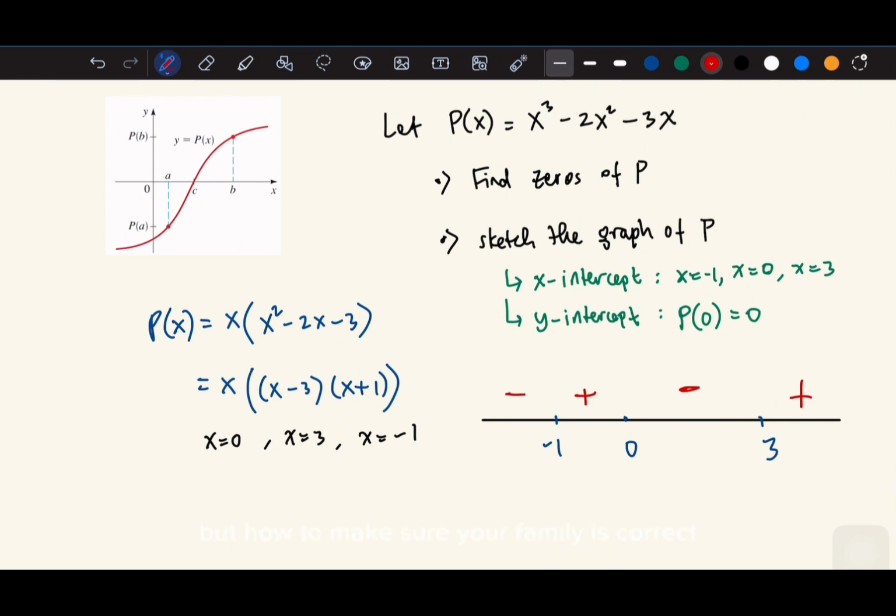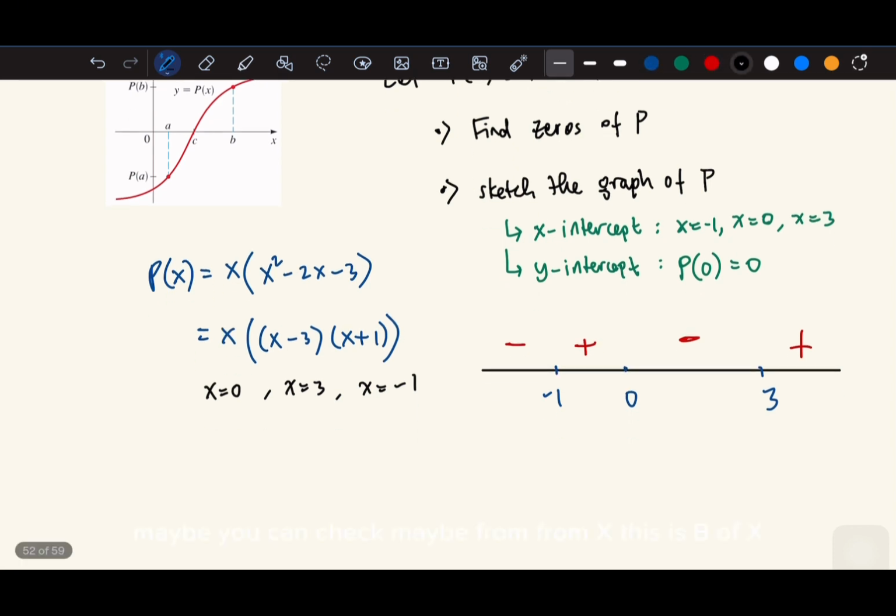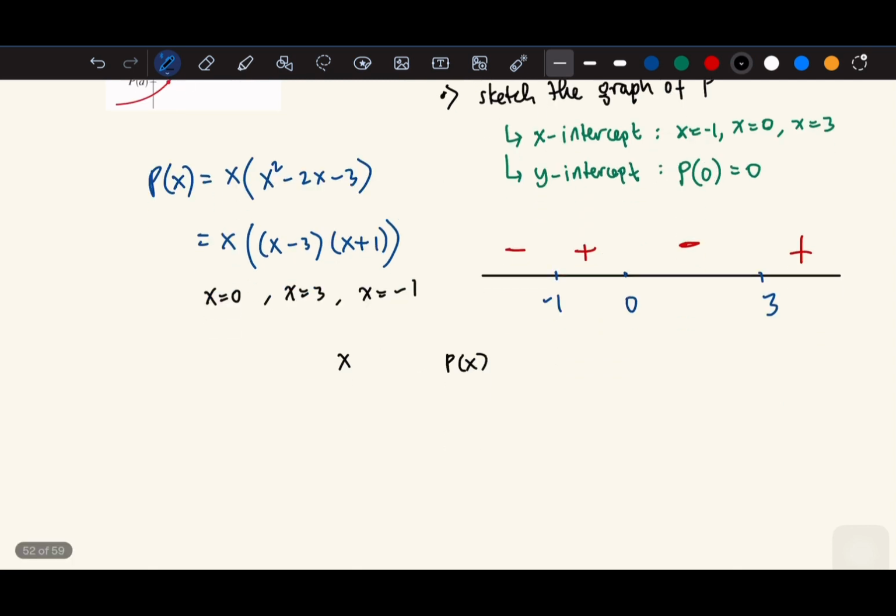But how to make sure the value is correct? That way, we need to check some numbers. Maybe some easy numbers. This is p of x. We can make some small table. It's okay.